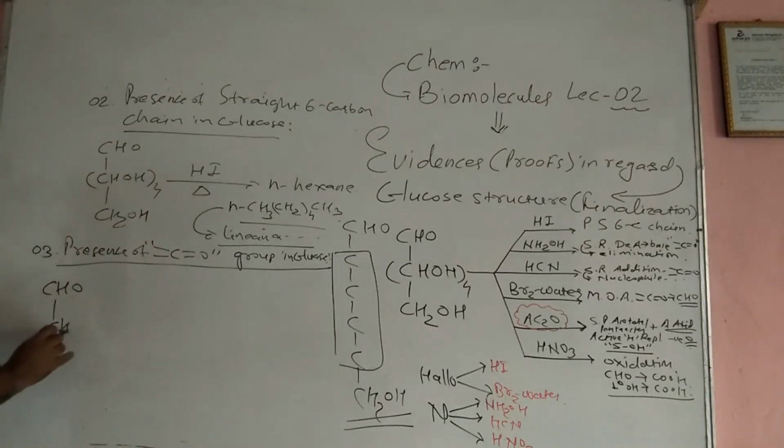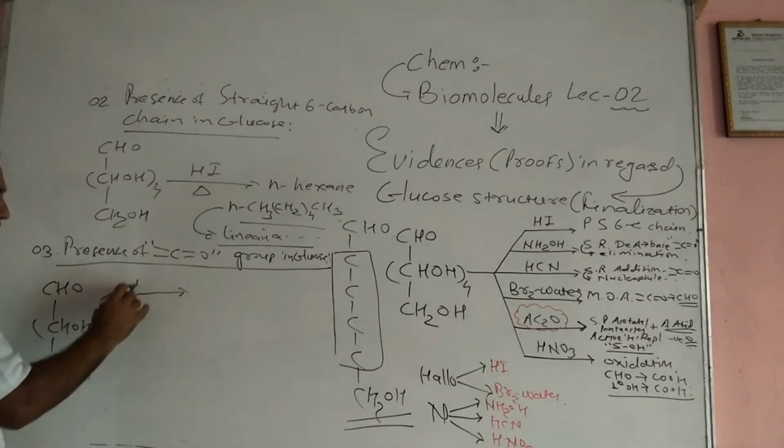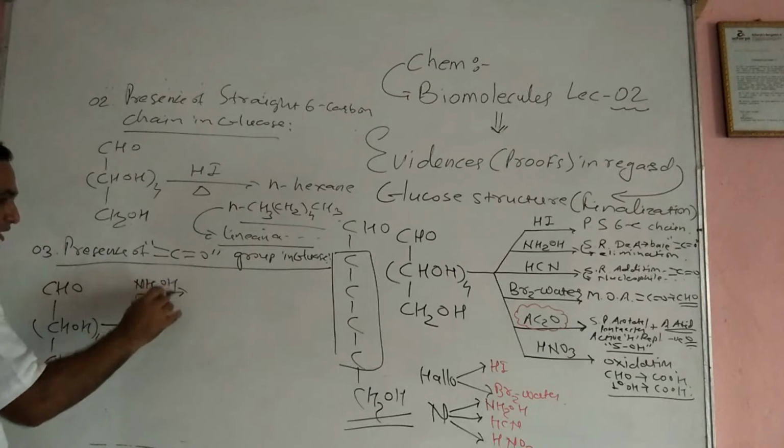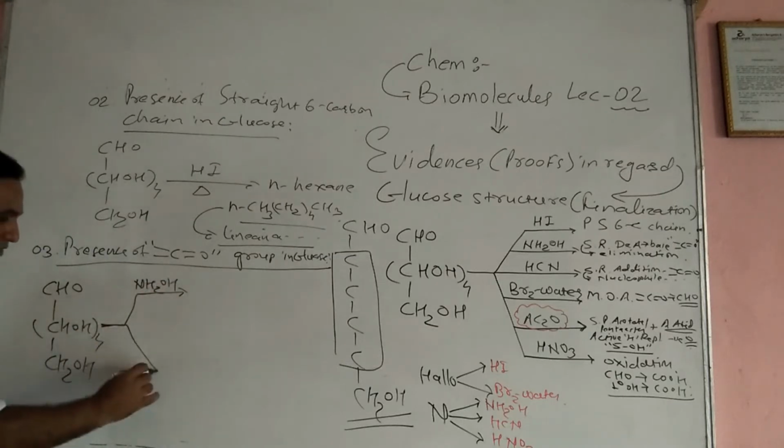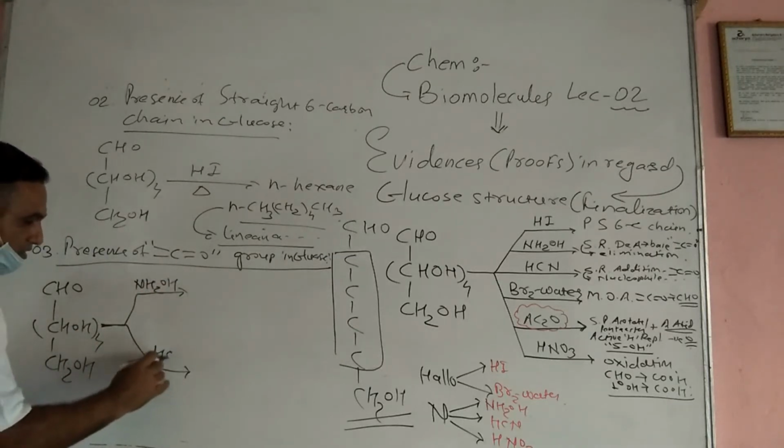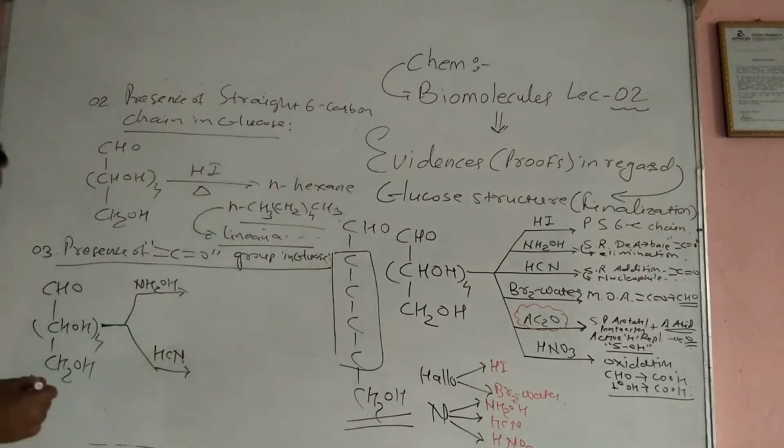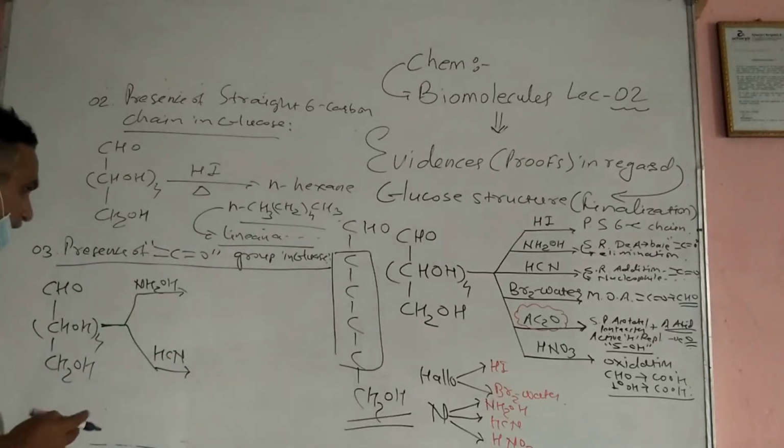See here, this is the structure of the glucose, again the assigned structure of glucose. Then you have to arrange the reaction of this glucose or provided material with NH2OH as well as with HCl. Then what will you get?